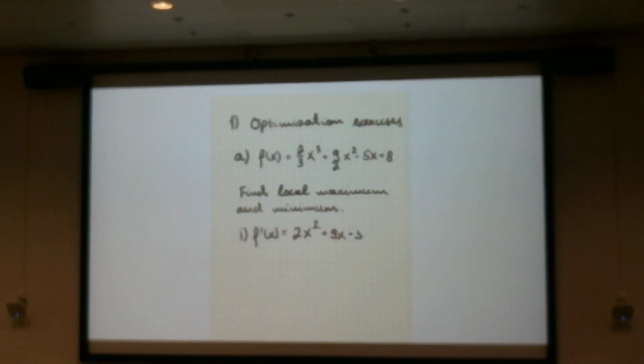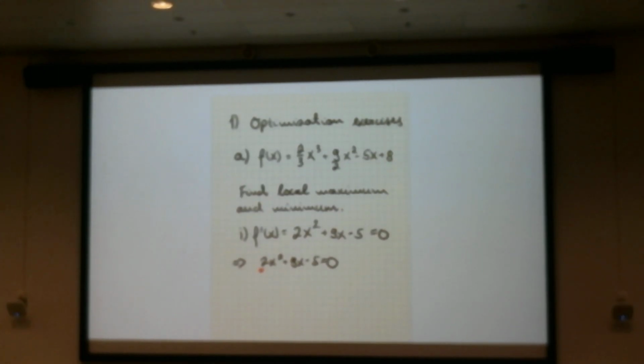And then of course minus 5, because the derivative of minus 5x is just minus 5, and the derivative of this is just 0. So we need to equate this to 0 and solve for critical points: 2x squared plus 9x minus 5 equals 0.